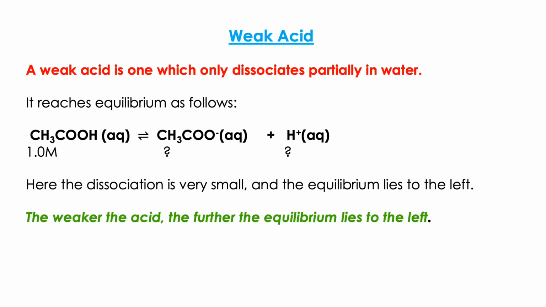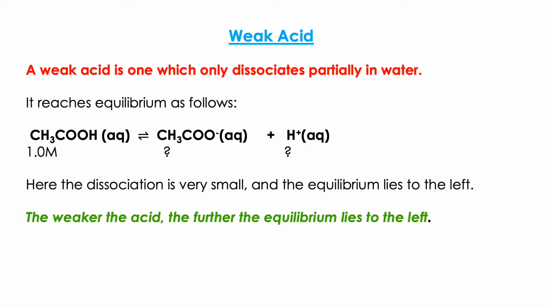Let's define a weak acid. A weak acid is one which dissociates only partially in water. It reaches an equilibrium as follows. Let's take an example. Ethanoic acid dissociates to give ethanoate ion and H+ ions.